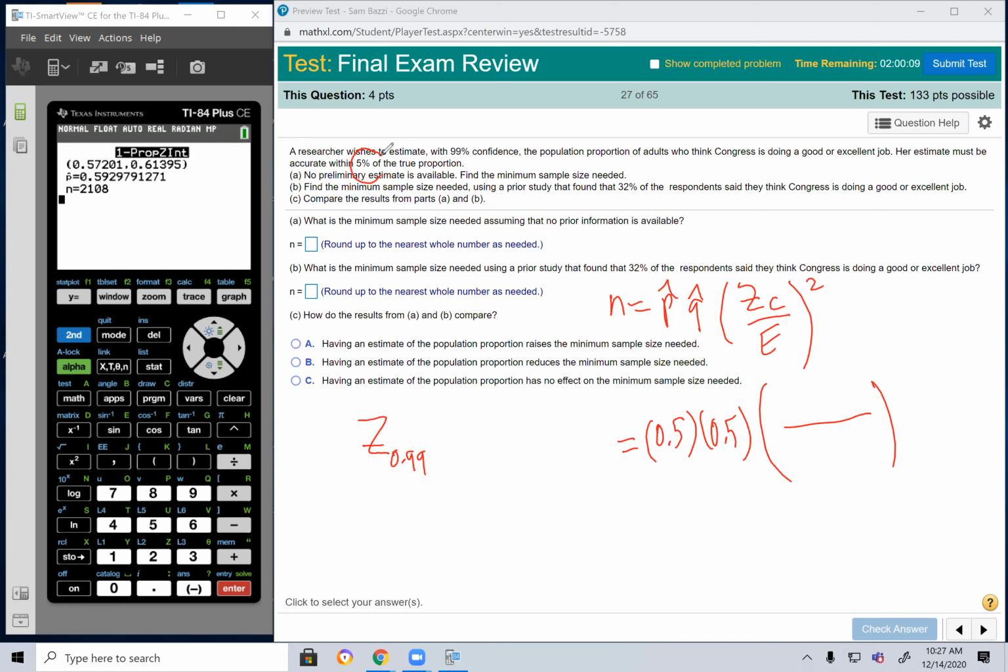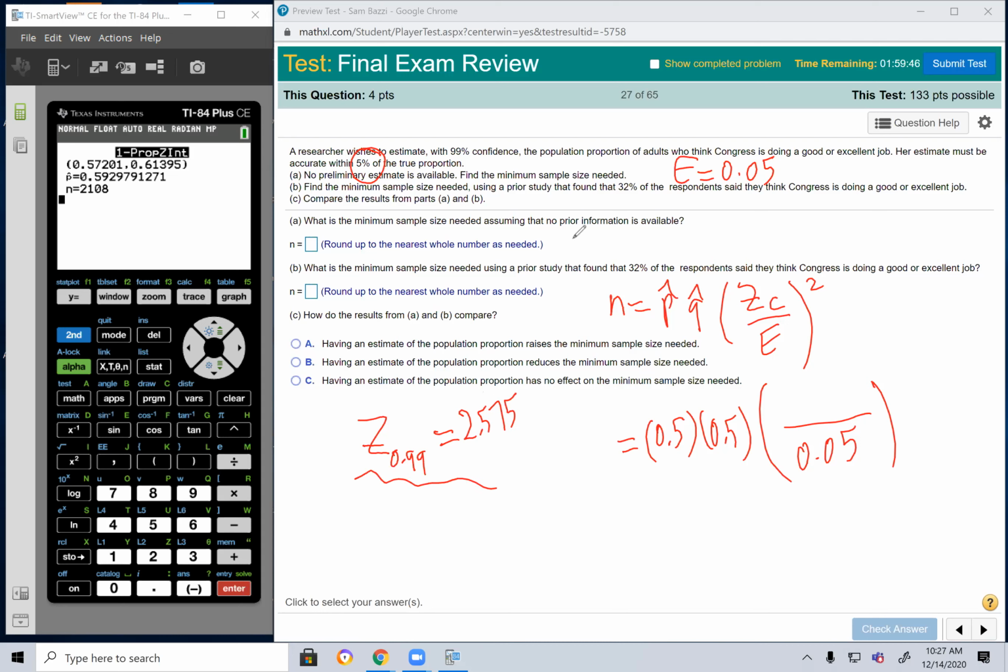The within 5% is the margin of error. So E is 0.05. Does anyone know what the critical value here is at 99%? 2.575, exactly.